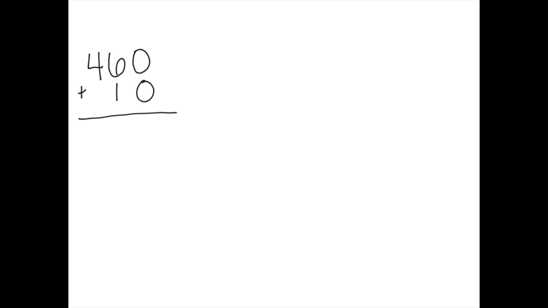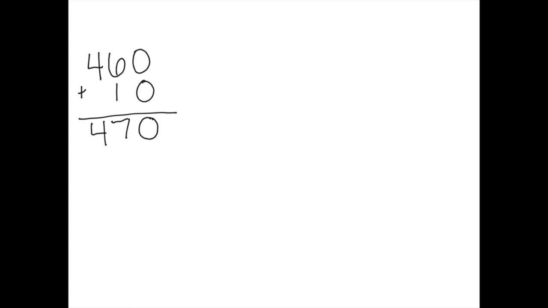So my ones house is going to stay the same. My tens house is going to change. 6 tens, one more, well, 6 plus 1 makes 7. So now I would have 7 tens, and my hundreds would stay the same. So 460 plus 10 gives me 470.